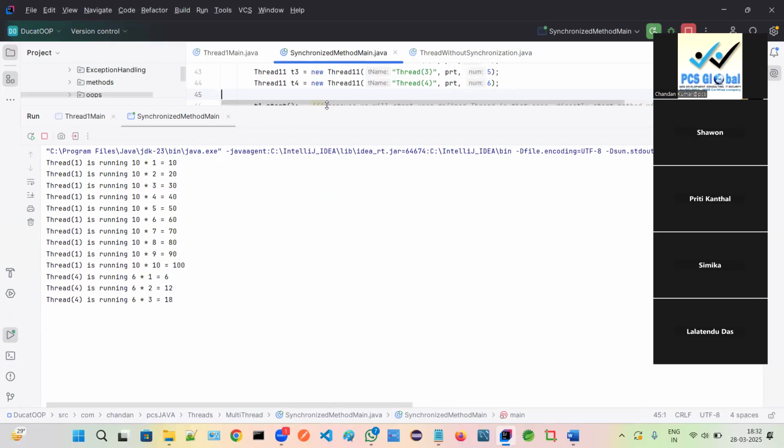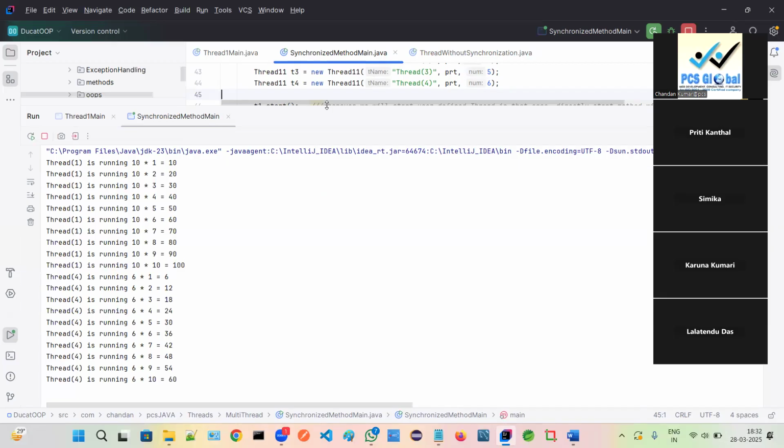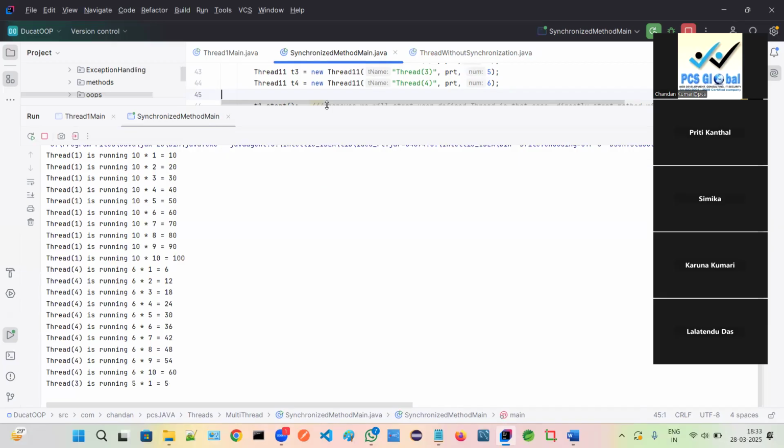Guys, is it clear to all of you? Tell me what was the problem and how we got the solution. The problem was, when multiple threads try to execute the same run method at the same time, data inconsistency was happening.